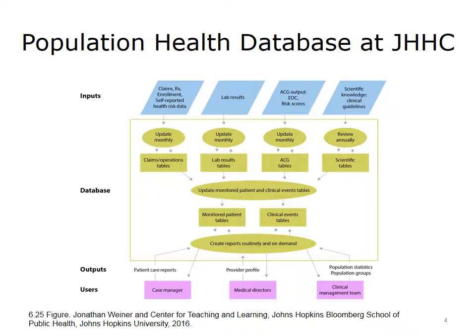It outlines the flow of data, taking claims data, lab and electronic medical record (EMR) data, and various ACG information, including the specific expanded diagnosis clusters, EDC, diagnostic components, and risk scores. Each of these inputs may be collected on a different time frame, in some cases weekly, monthly, or annually.